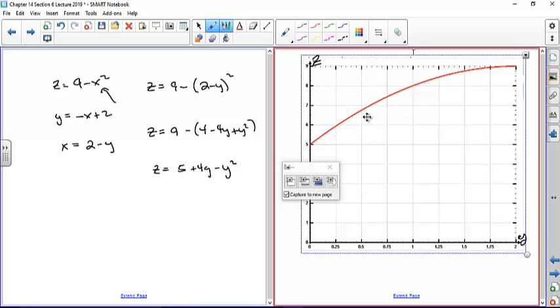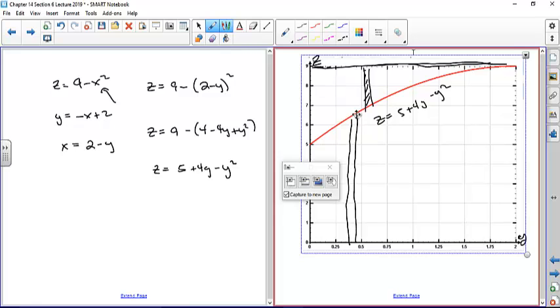And the curve here, z is equal to 5 plus 4y minus y squared. And what you'd have to do is for part of the interval, you'd have two regions again. This would be one region, and you could set it up so that you could define your limits this way, and down here you could do the same thing to figure out what the two integrals would be.